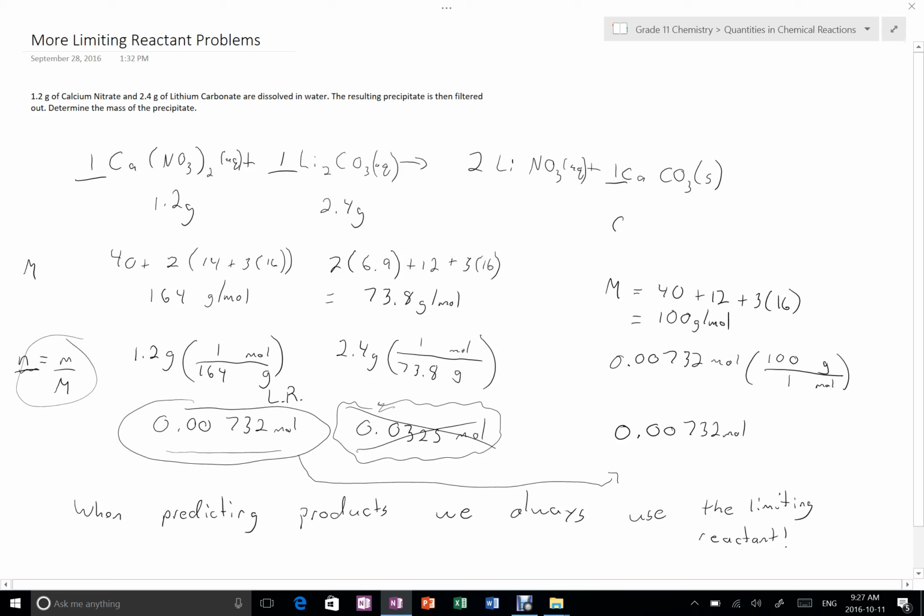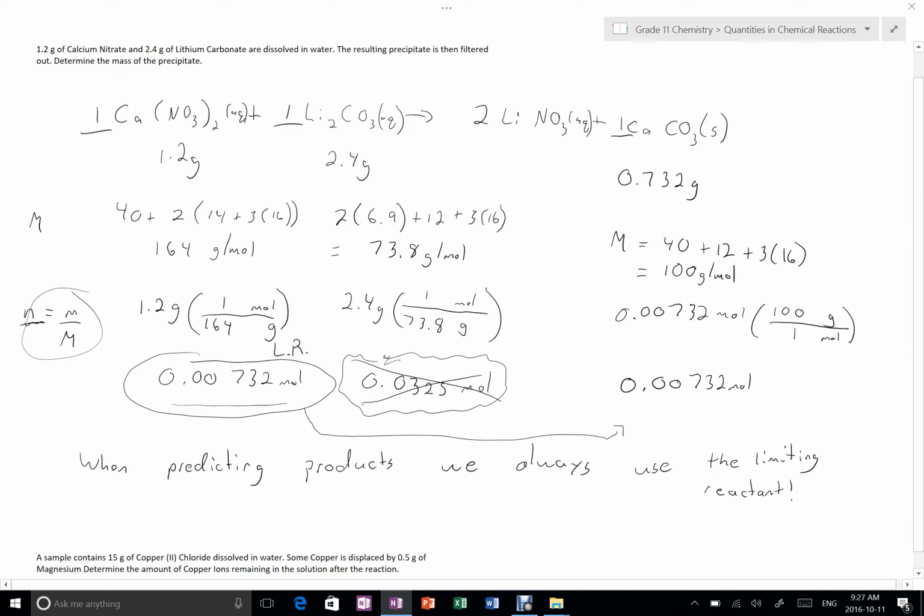So that means I'm going to get 0.732 grams of my precipitate. The rest of this is going to remain in solution because in the end the amount of calcium effectively is the ion that limited how much calcium carbonate could be produced.